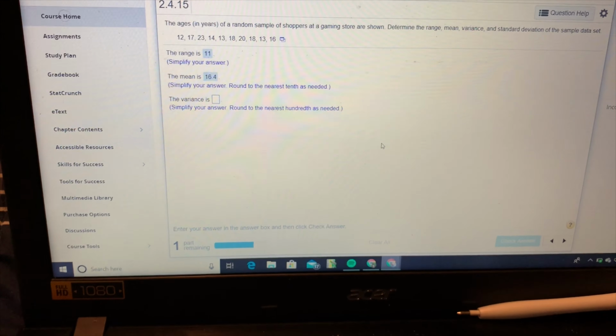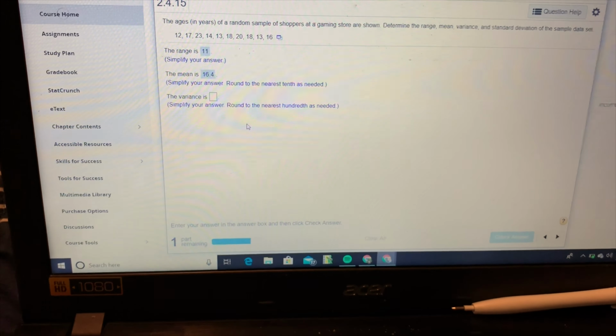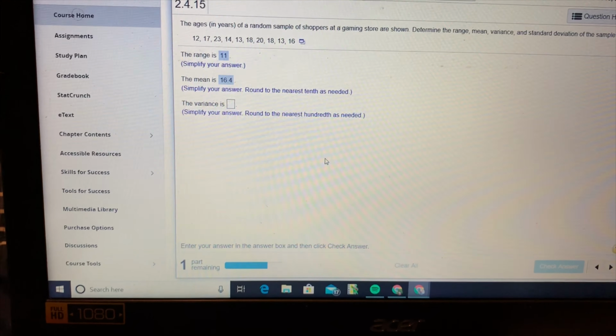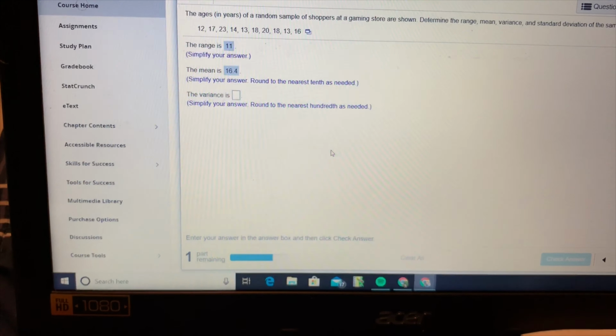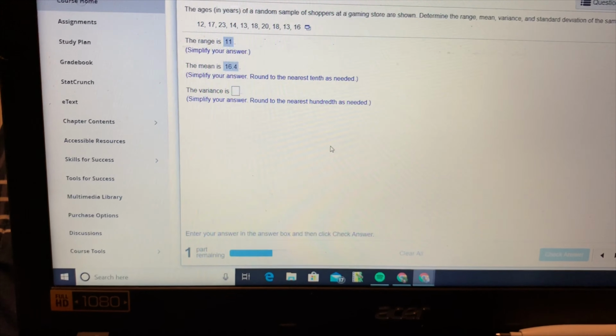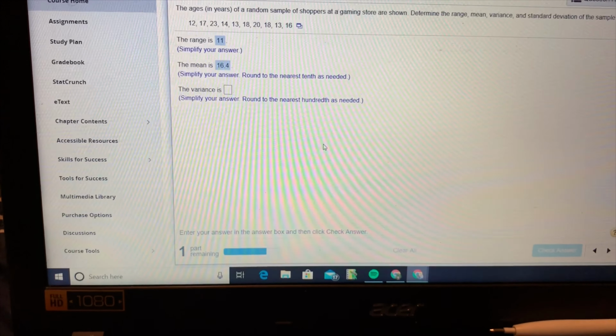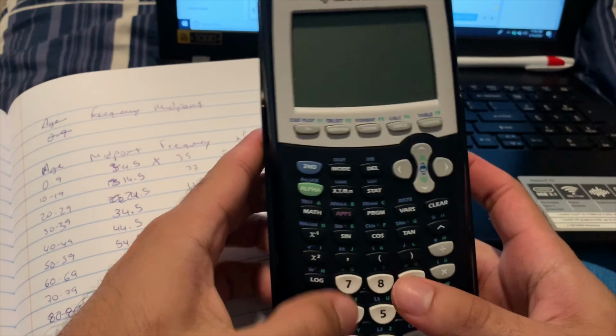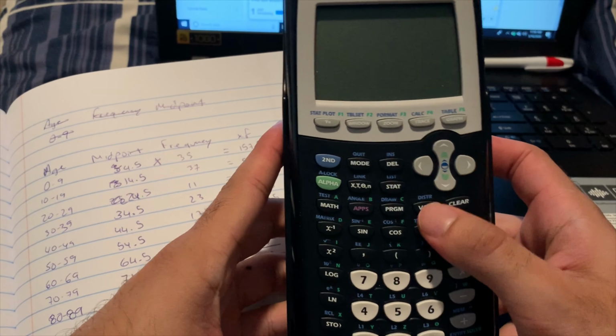The next question is the variance. When it says the variance, it's asking for the sample variance and not the population variance. To find that, I'm going to show you now. So remember, we are looking for the variance.